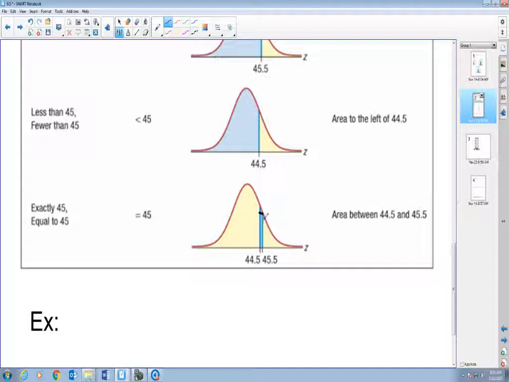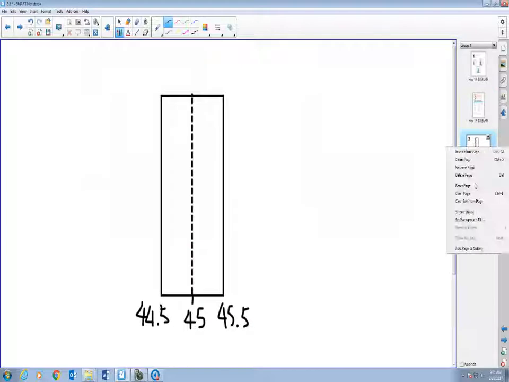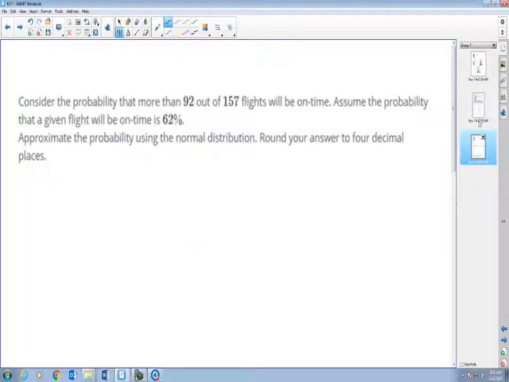So to find that tiny little piece with the area that's under the curve along with my rectangle, we can use the normal distribution to approximate it. So just to find the area in between, to find exactly 45, I've got to go from 44.5 to 45.5. Alright. So we'll keep this in mind, okay? We'll come back to some of these examples.